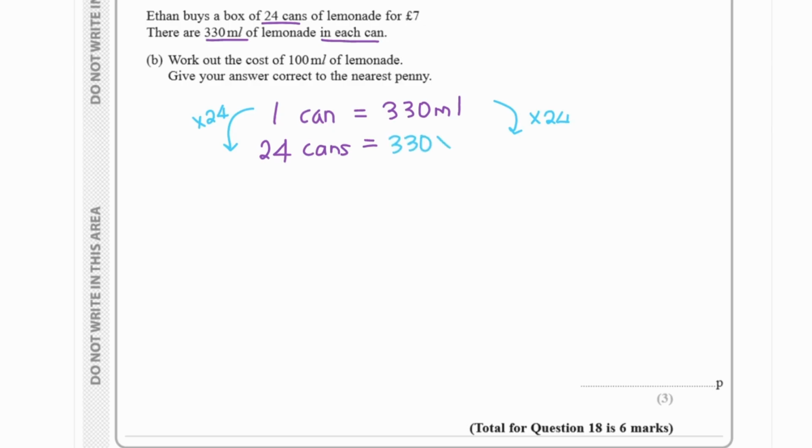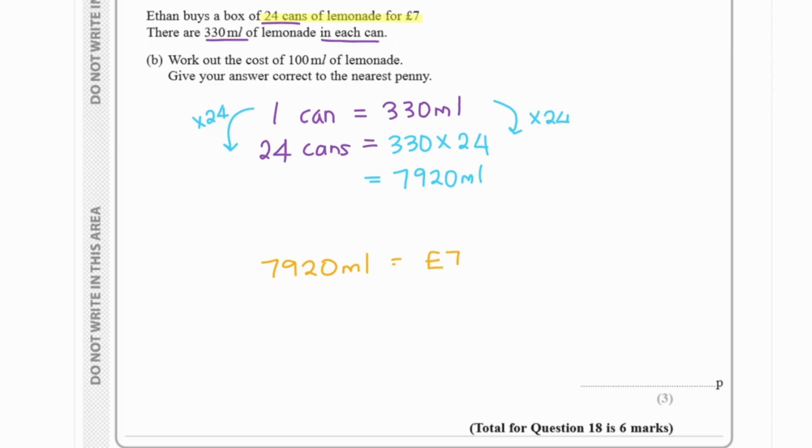So if we do 330 multiplied by 24, that gives us 7,920 millilitres. We're then told that 24 cans of lemonade cost £7, and we know 24 cans contain 7,920 millilitres, and this is what is costing £7.